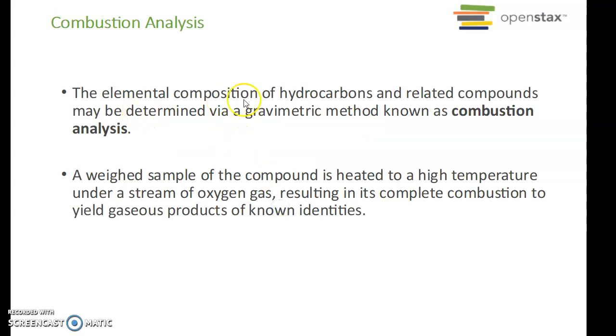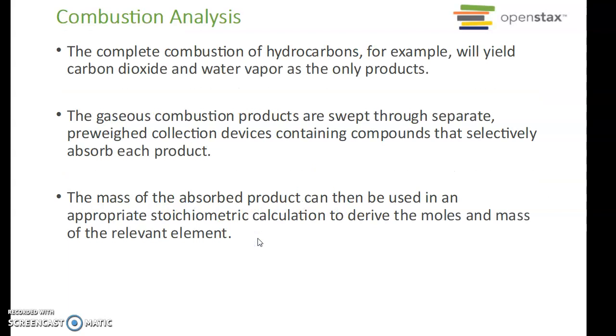So the elemental composition of hydrocarbons and related compounds may be determined by gravimetric analysis, known as combustion analysis. Essentially what you do is you weigh the sample, heat it to a high temperature under a stream of oxygen gas, resulting in complete combustion to yield gaseous products. If you can measure the pressure that you generate and you know the volume, you know how much you have produced.